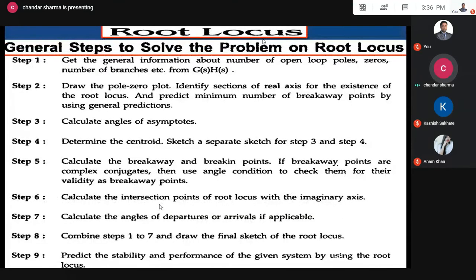Then the next is root locus. Root locus is also one of the methods to find the stability of the system.